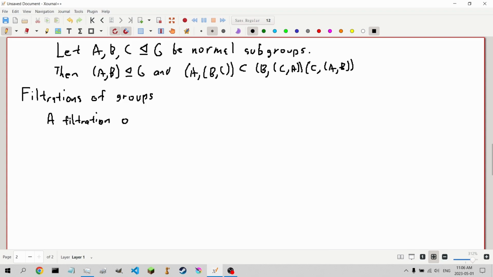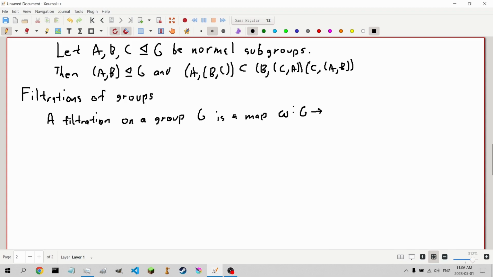A filtration on a group G is a map. We're going to call it, I think they're using W, I'm going to use an omega. I don't know why, it's just kind of how it turned out.